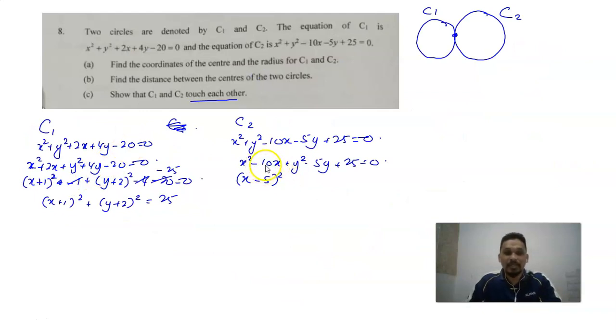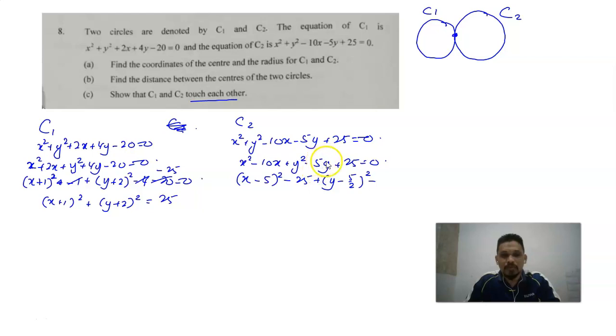Okay, so (negative 10 over 2) squared, negative 5 squared, minus (negative 10 over 2) squared, negative 5 squared, is 25, plus y squared minus 5y plus (negative 5 over 2) squared minus (negative 5 over 2) squared.